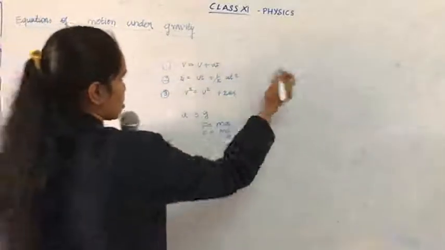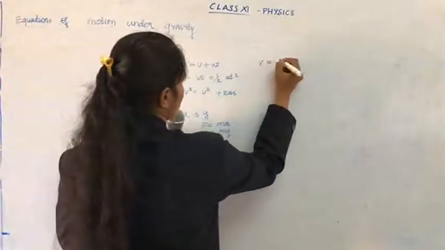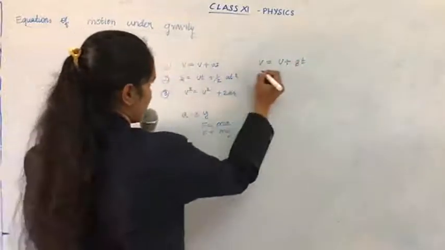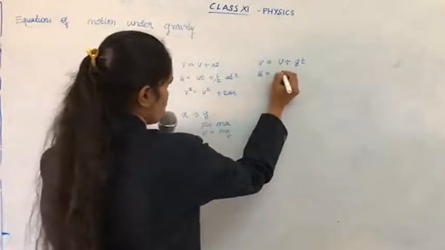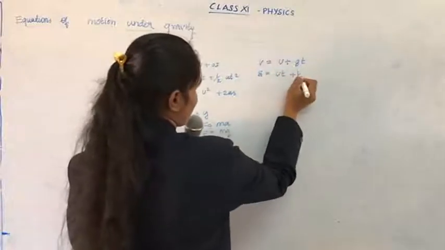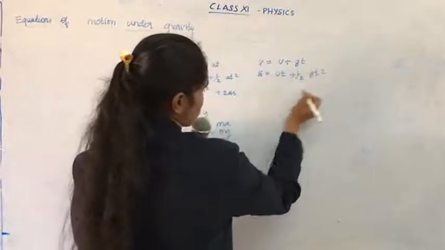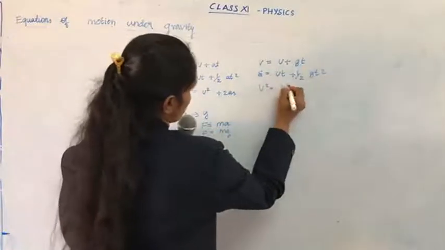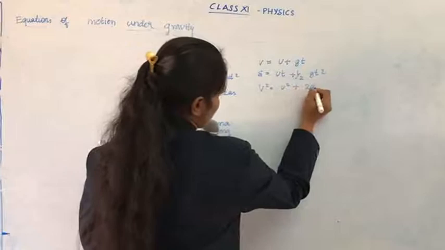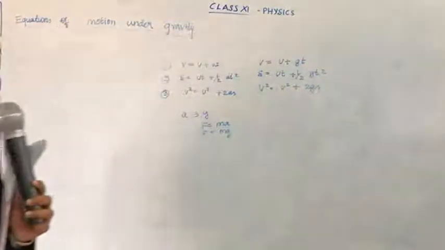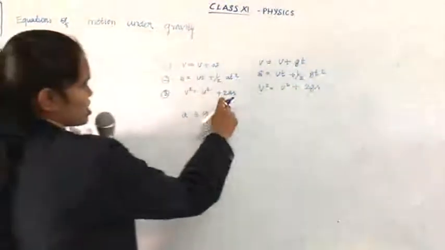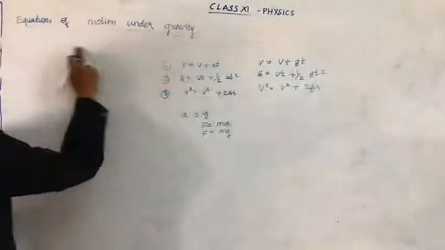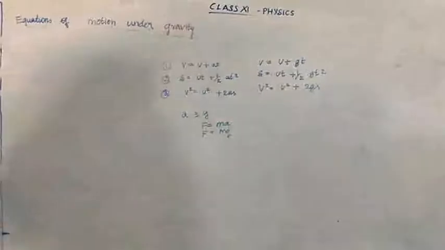So V equal to U plus GT, S equal to UT plus half GT square, and the third one V square equal to U square plus 2GS. Simply, acceleration is converted to G, acceleration due to gravity, under the motion of gravity.